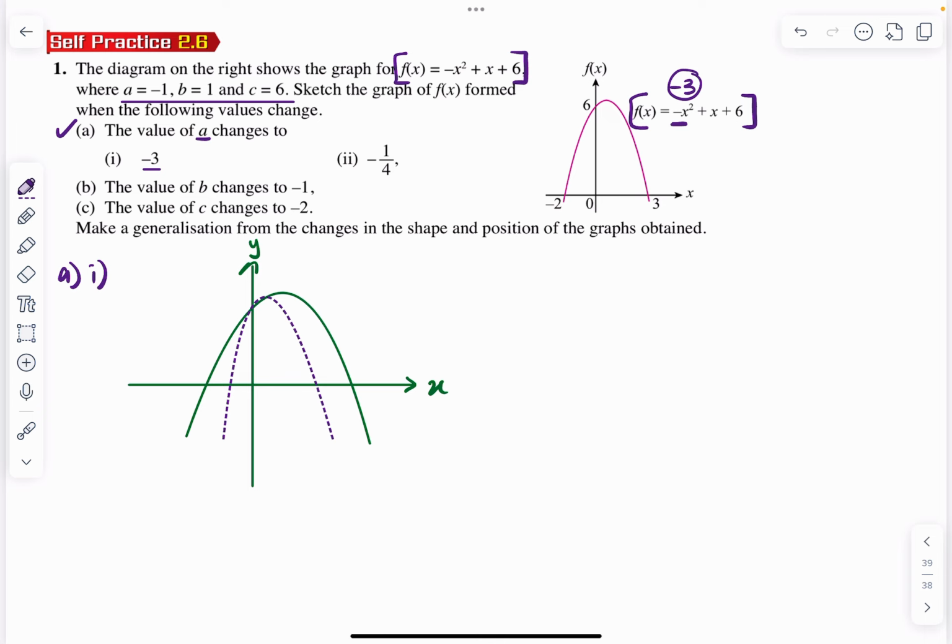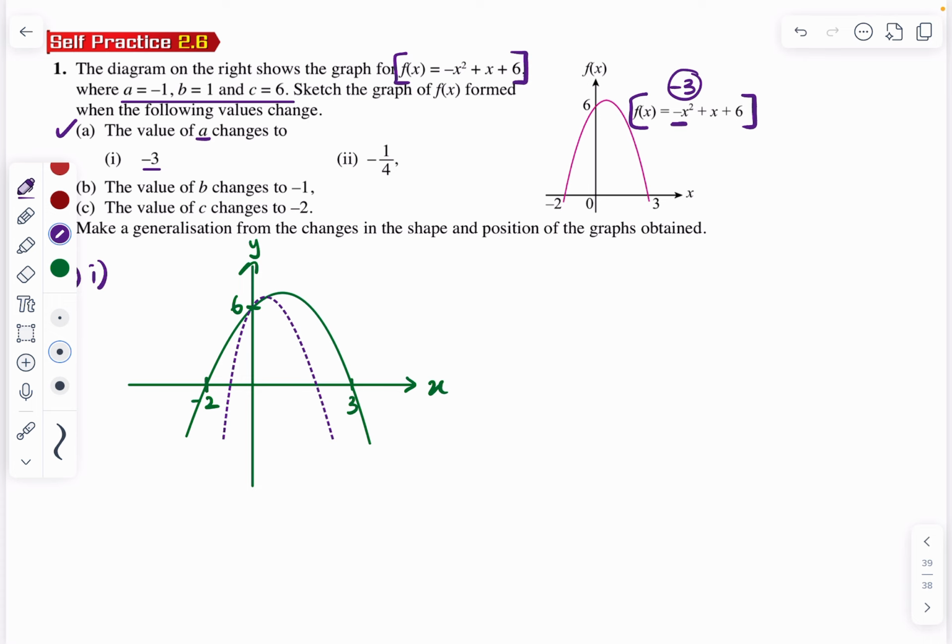The original graph intersected at -2 and 3. Our new graph cuts at 6 but the width is smaller. Okay, so let's write the answer.